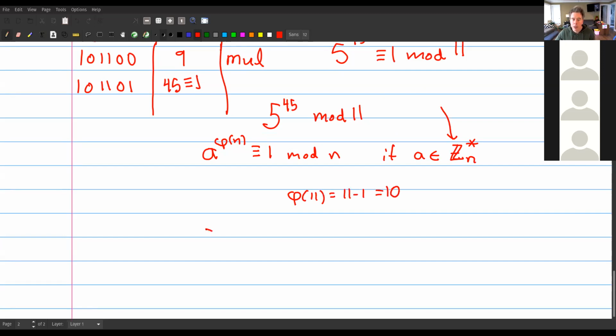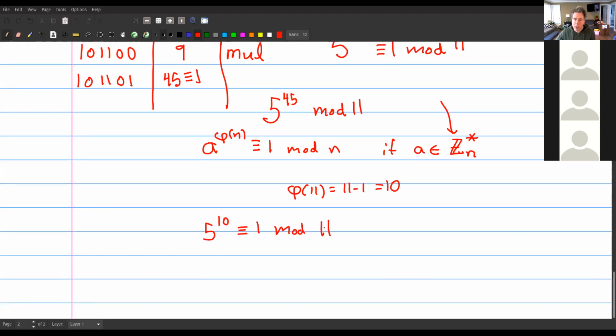And so if we put it all together here, it's saying that 5 to the 10 is 1 mod 11. So if you think about 5 to the 45, 5 to the 45 is 4 times 10 plus 5. So this is the same thing as 5 to the 10 to the 4 plus 5 to the 5, which is 1.